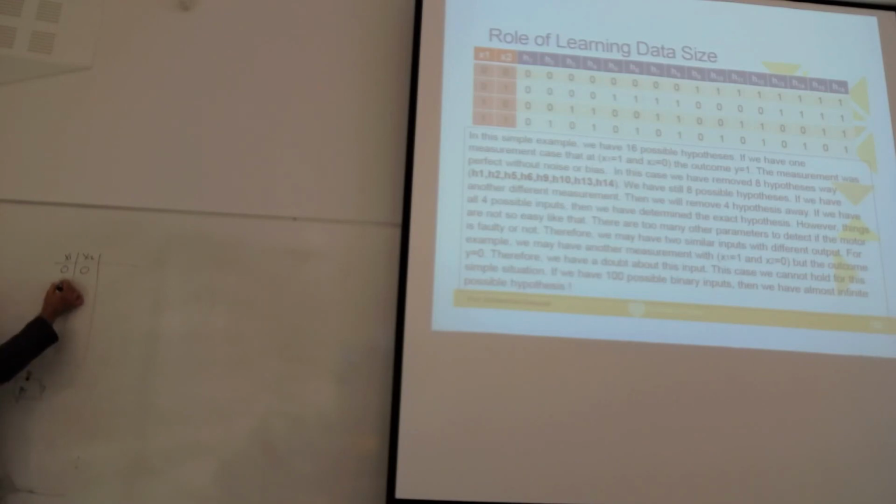The temperature is normal, but the vibration is high, so it is 1. The vibration is normal but the temperature is high, and the vibration is high and the temperature is high. So these are all the cases that we have. Remember, this is the simplest example you can think about. In reality, the situation is much more complicated, but now we made it as simple as possible.